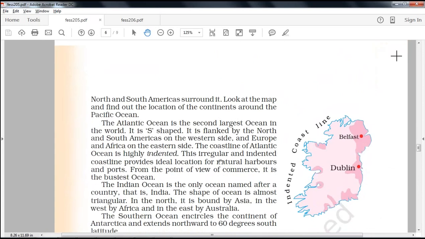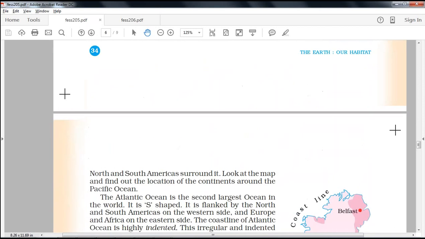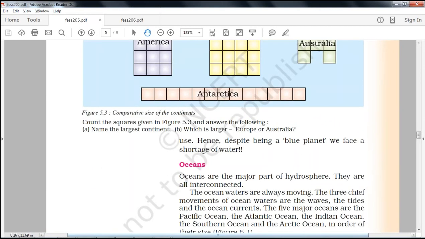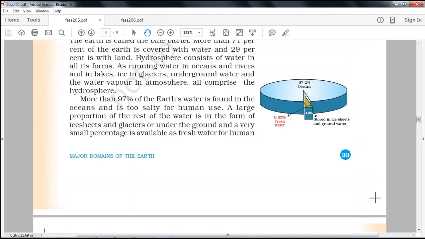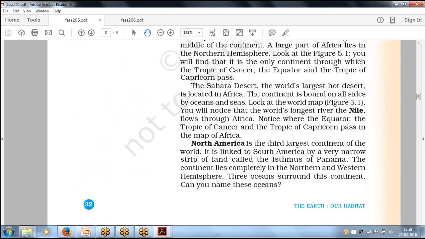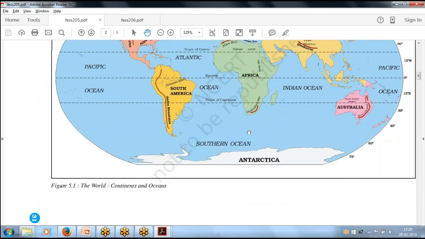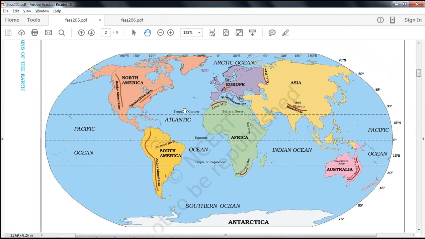So let's go to the map again so that we can discuss these oceans. The world map. These are the oceans, which are in blue color. As we discussed, the Pacific Ocean is the largest ocean, almost O shaped.